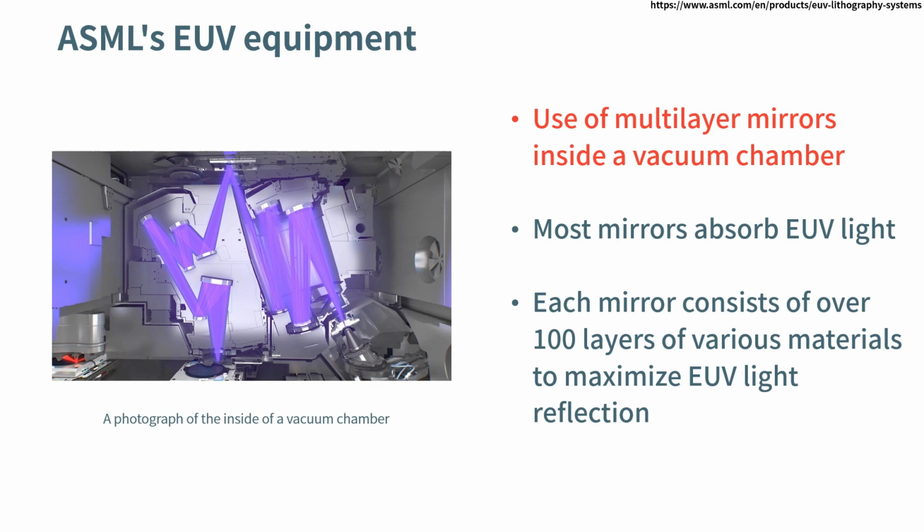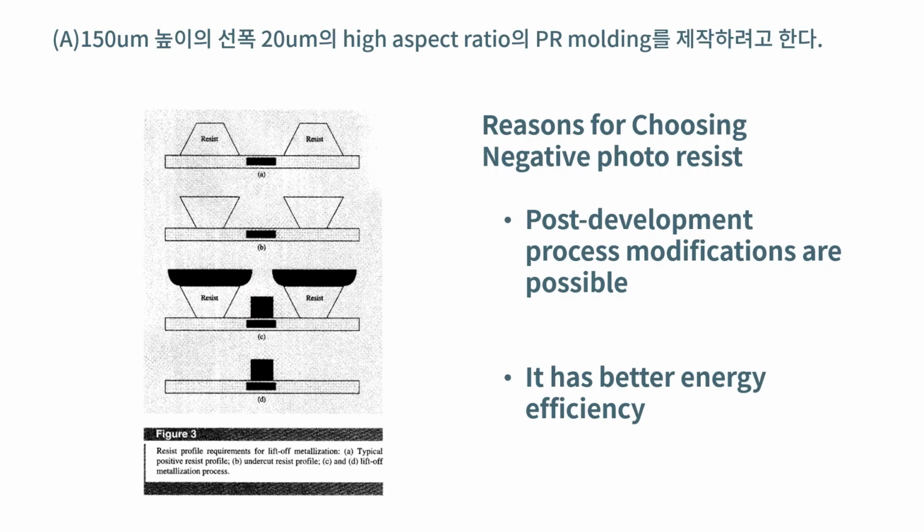In simple terms, ASML reflects UV light using mirrors to reduce the pattern by 4 times when using it. This equipment is an essential component in photolithography, which is why ASML holds a prominent position in the industry as the key player. Before designing the photolithography process, I will select a photoresist suitable for each situation and provide the reason and justification for my choice.